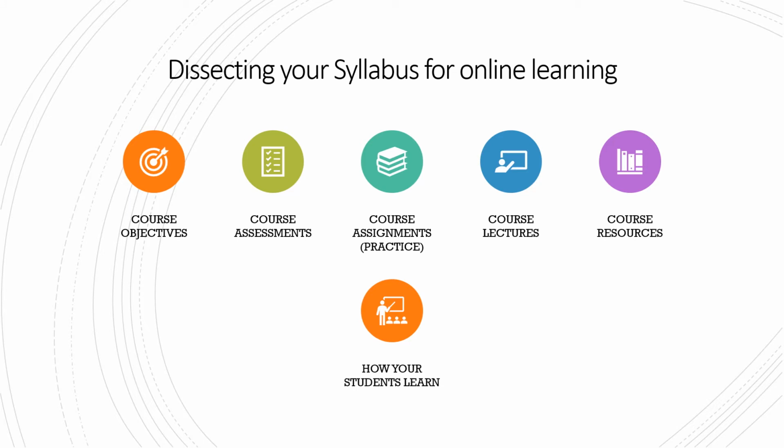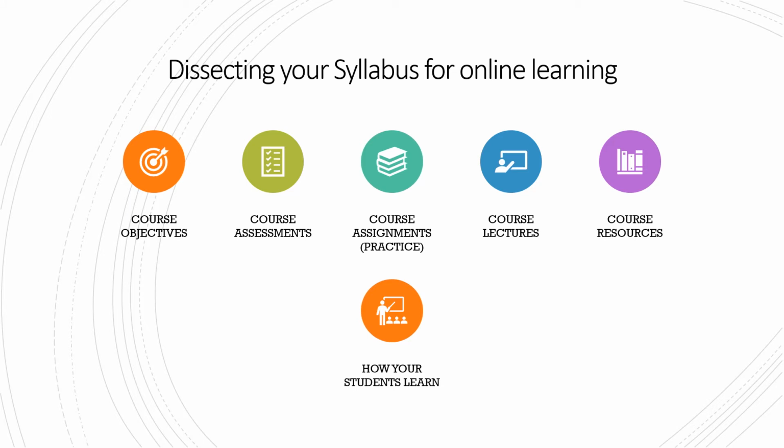And so you want to just get a list of your topics so that you know the number of lectures that you usually are doing for each topic. And you really want to be aware of how much time you usually lecture. So timing of the lectures is different in the online setting, and we'll look at that a little bit more later on in this video.